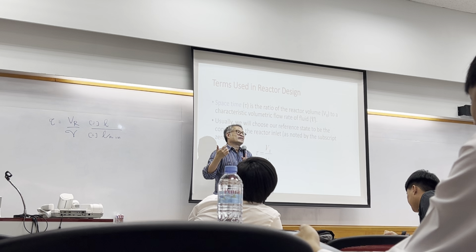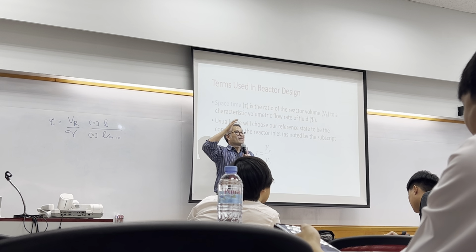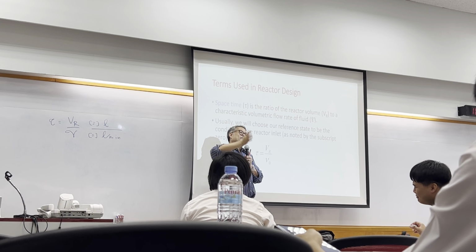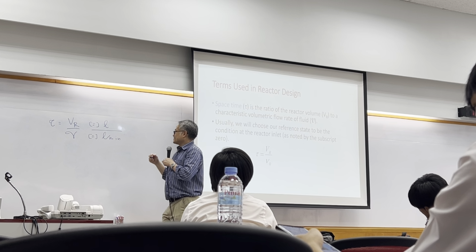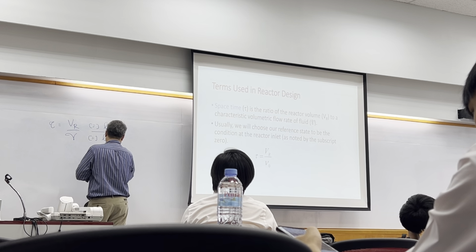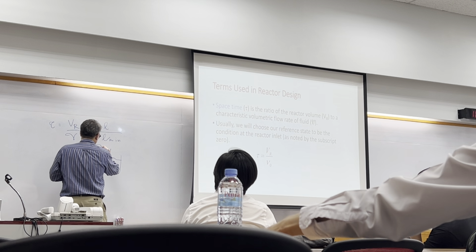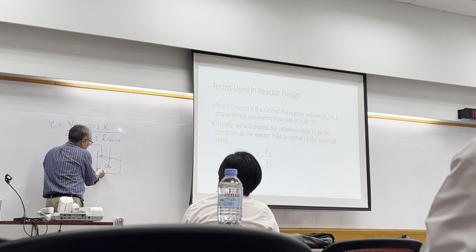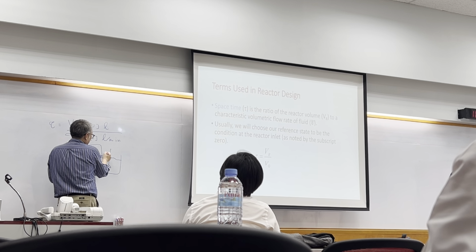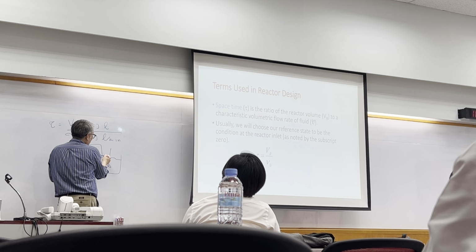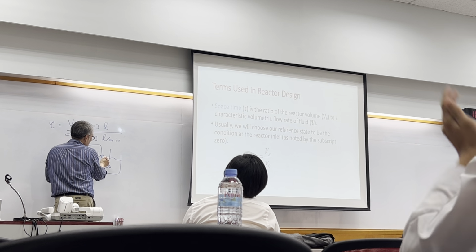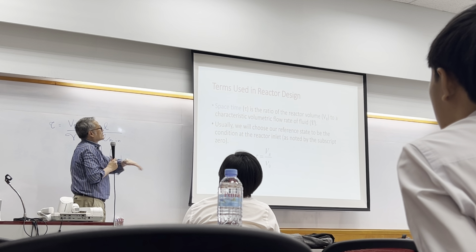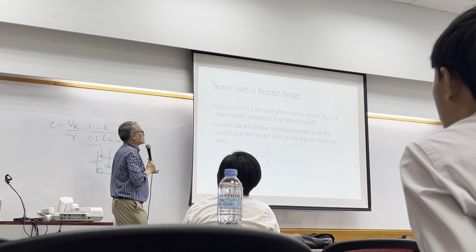So usually in a real reactor you have a residence time distribution. Some reactant comes out faster, some stays longer. There might be something around here that stays a little bit longer, or if the outlet is right here, you might have a shortcut. But it's similar, okay?